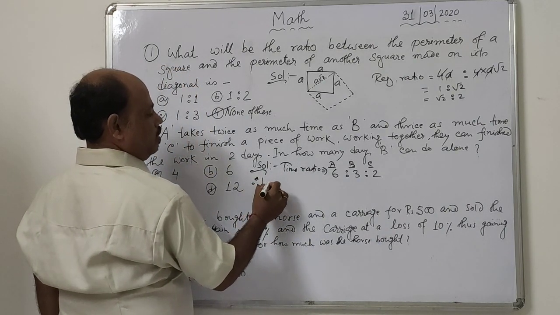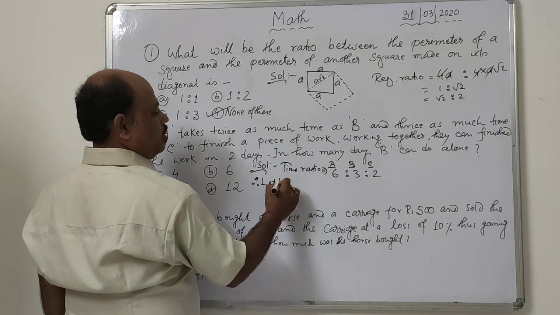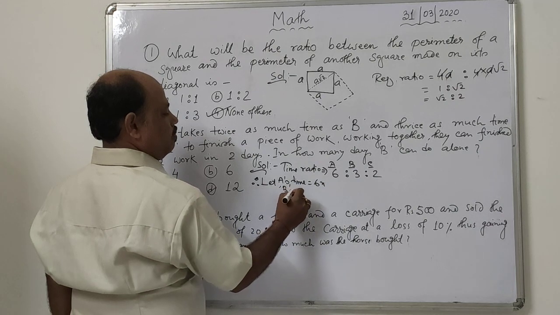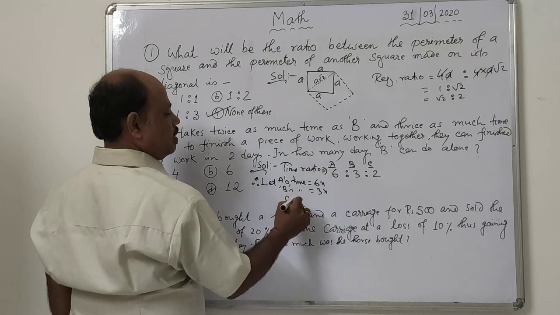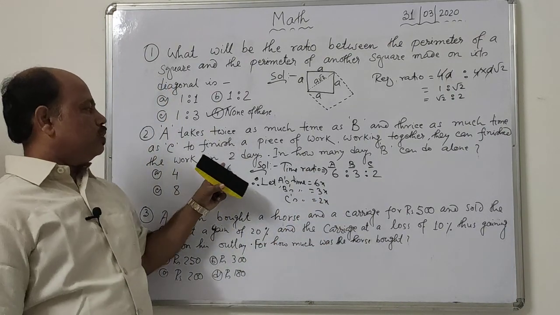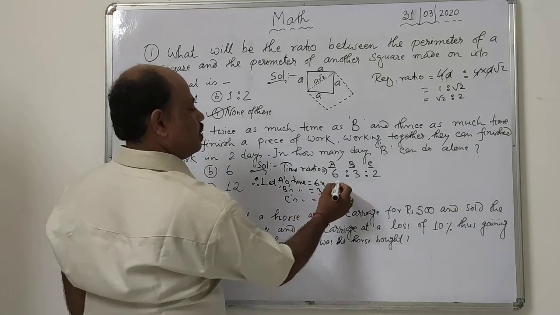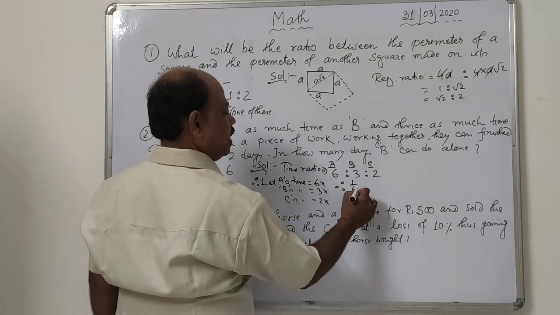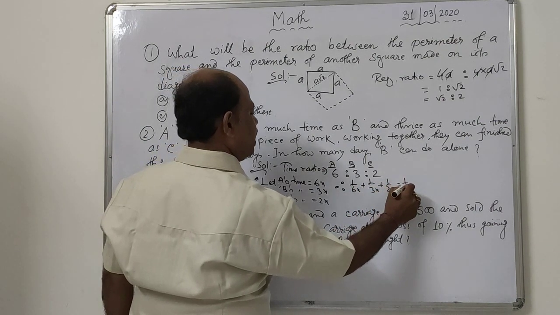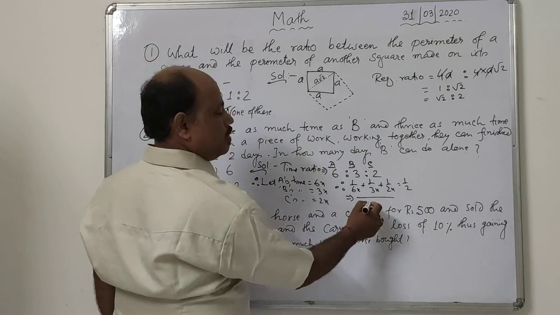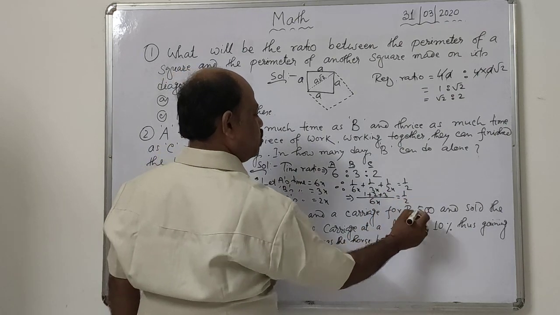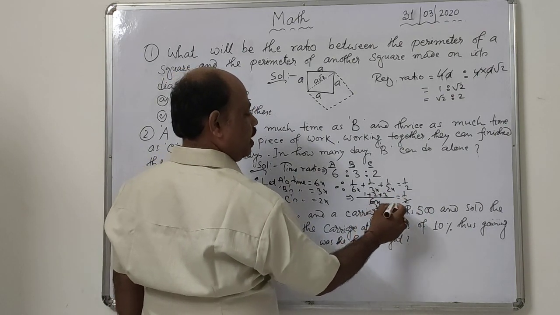Therefore let A's time be 6x, B's time 3x, C's time 2x, and they can do working together in 2 days. Therefore 1 by 6x plus 1 by 3x plus 1 by 2x equal to 1 by 2. Now 6x is LCM, 1 plus 2 plus 3 equal to 1 by 2.